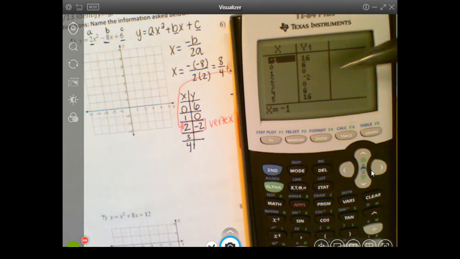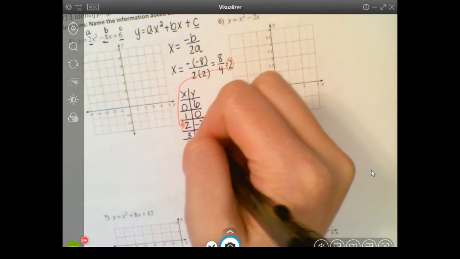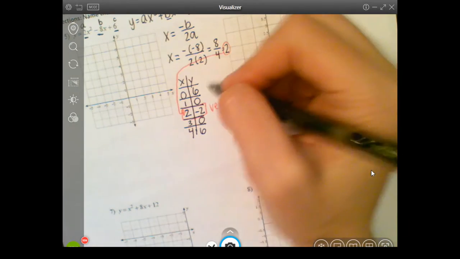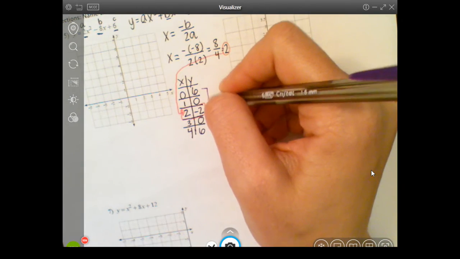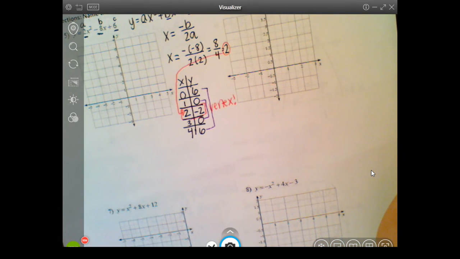And what you'll notice is, here's my 2, which is -2, which we got, 0, 6, 16. And then look at 0, 6, 16. So 3 was 0, and 4 was 6. So what you will always see is this mirrored idea in your table. This should always happen around your vertex.